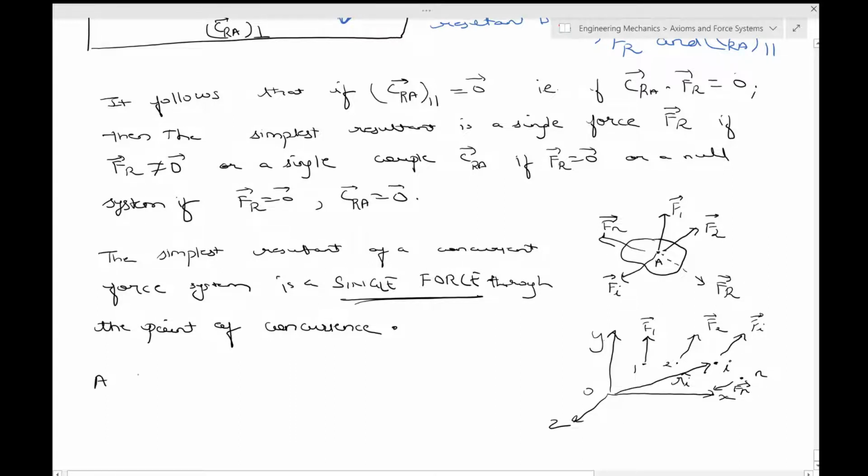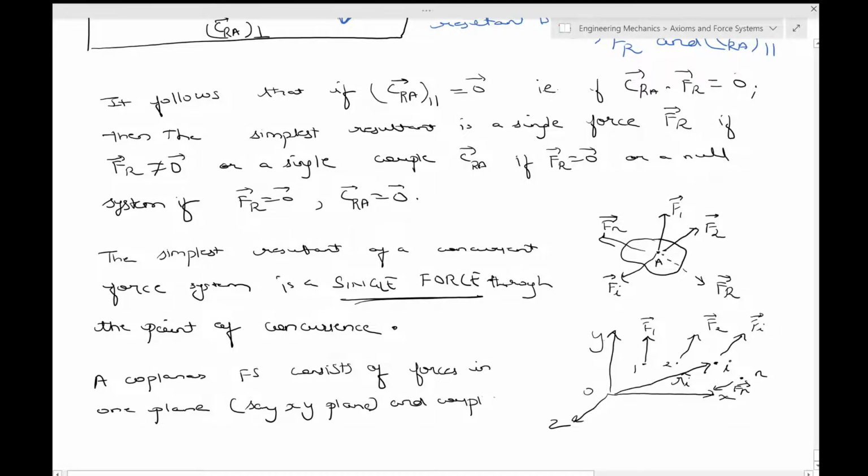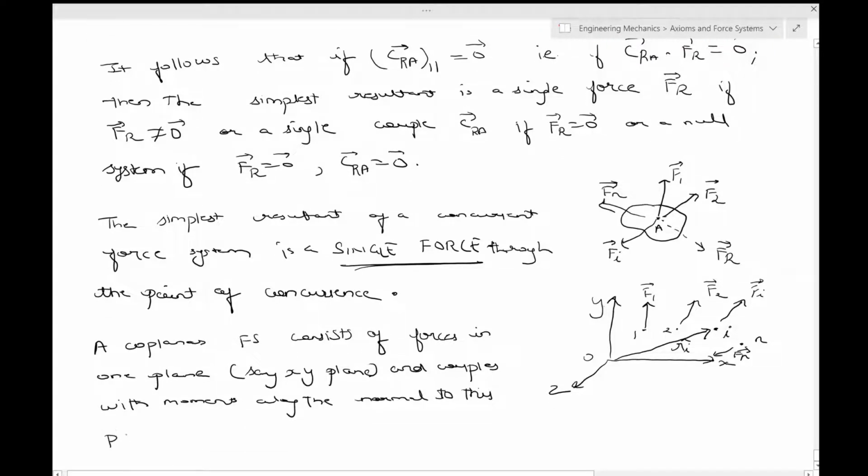A coplanar force system consists of forces in one plane, say xy plane, and couples with moments along the normal to this plane, that is parallel to Z.